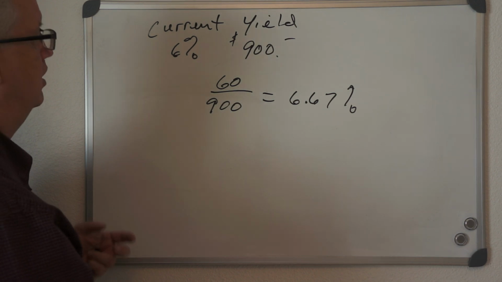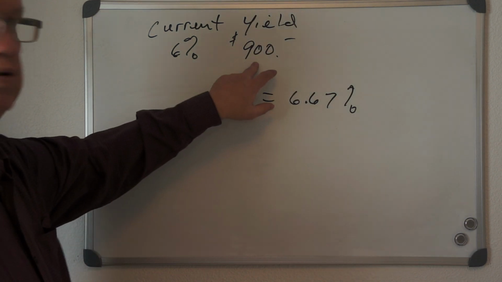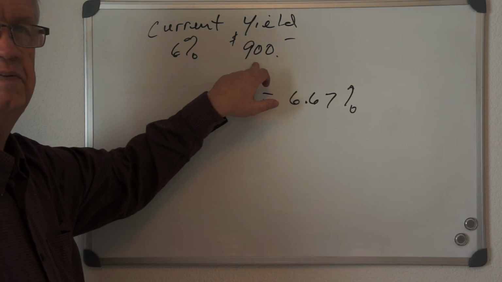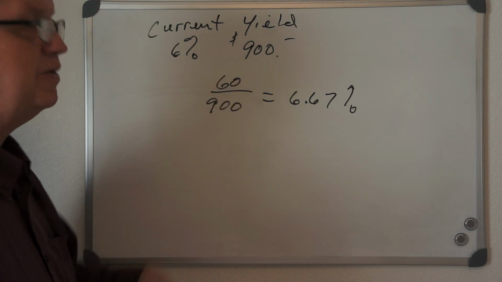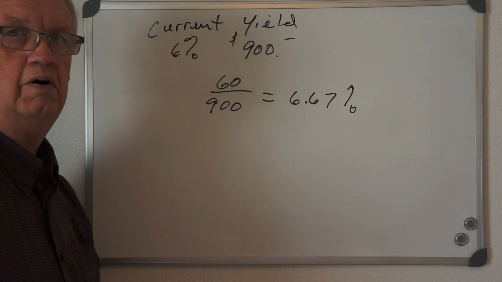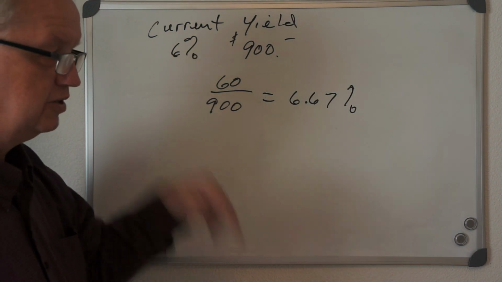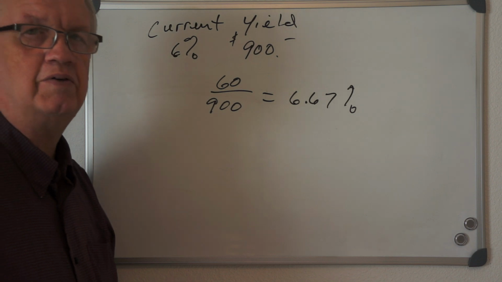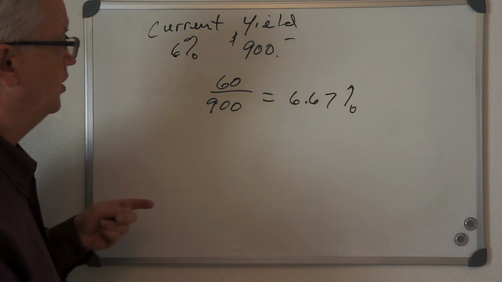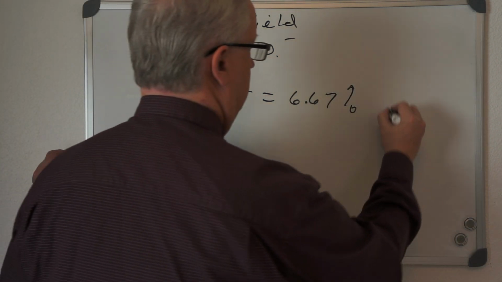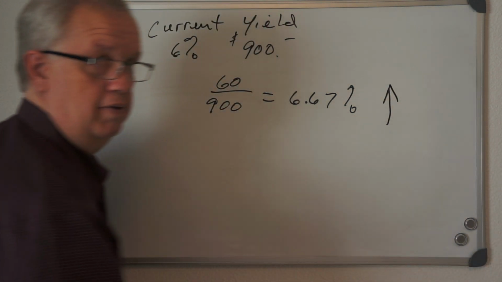This is telling me I have a bond that's now worth $900. Maybe I'm just buying right now, but maybe I bought it at $1,000 and the price of the bond went down. Why would it go down? Interest rates went up.